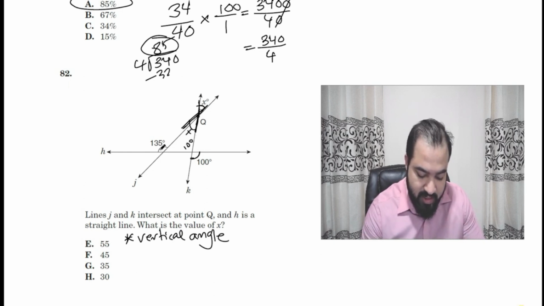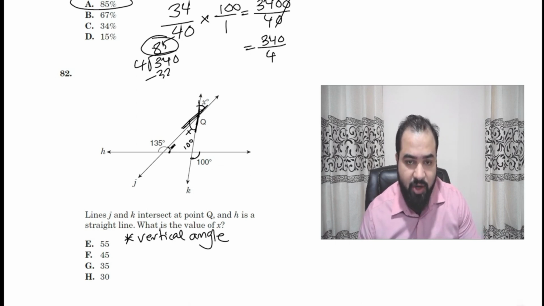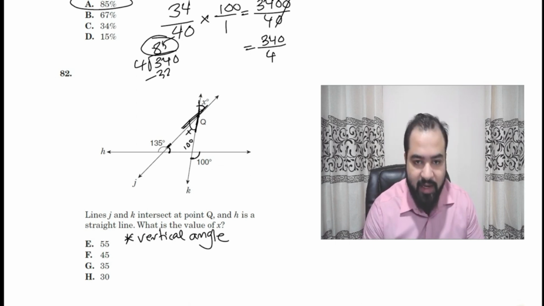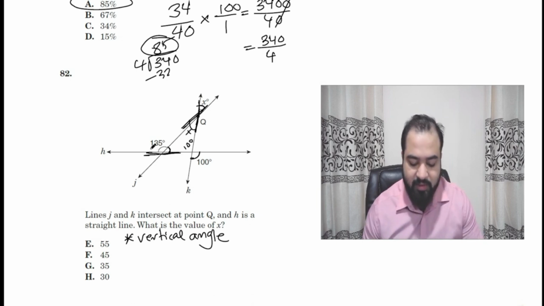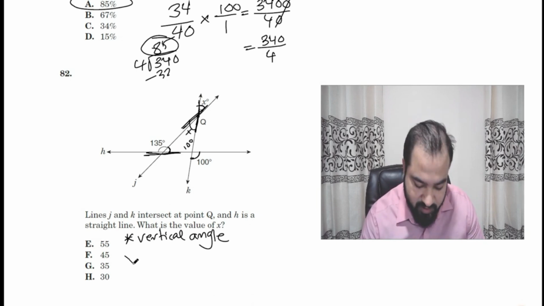Now, is 135 and this angle here vertical? No. When the angles are next to one another and sitting on top of a straight line, they are supplementary angles. That's the second thing we need to know.